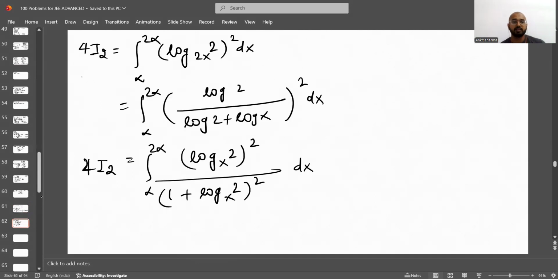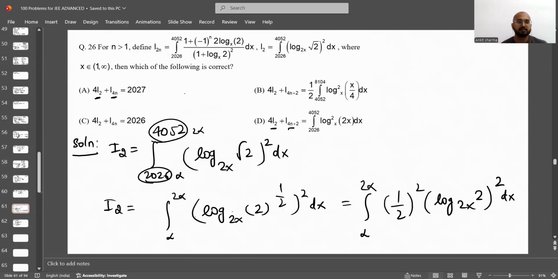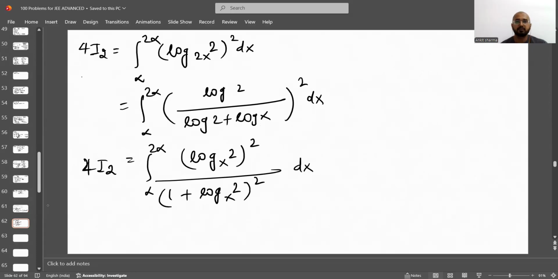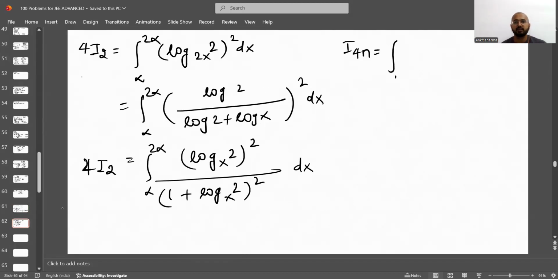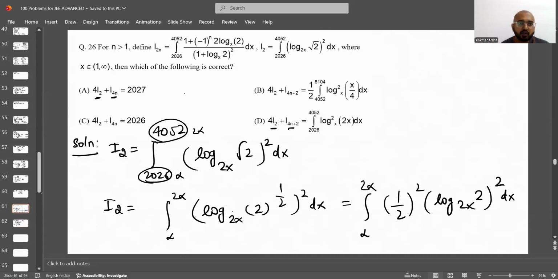Now let's go ahead and play with I4n and then see what we get here. This is I4n. And when I write down I4n, I'll be having again the limit is the same, alpha to 2 alpha. So let's write down here alpha to 2 alpha, and then I4n. So when I have here 2n, this is minus 1 power n.